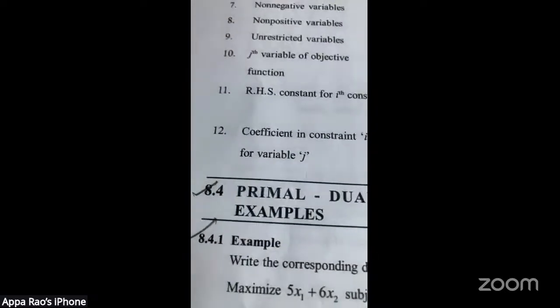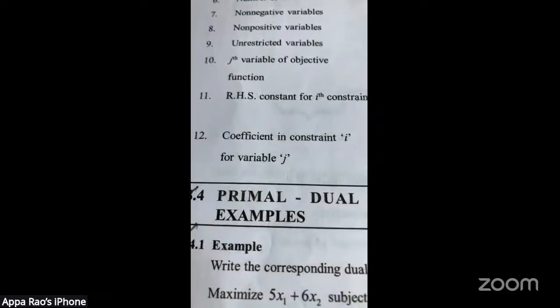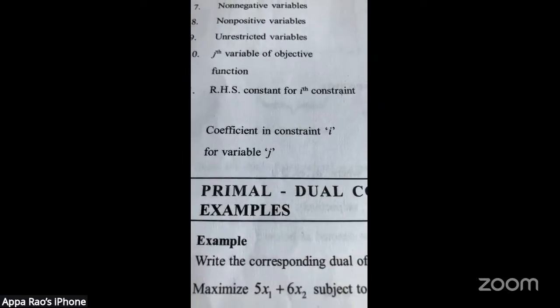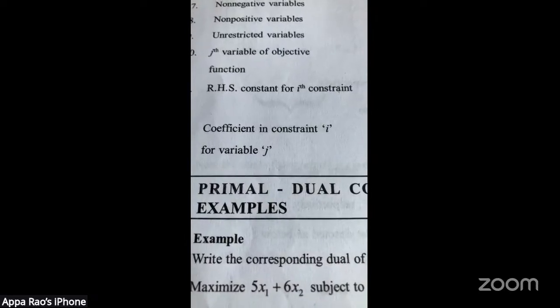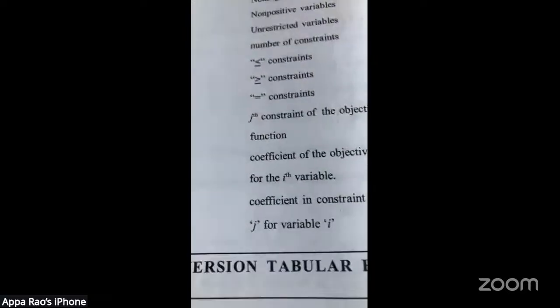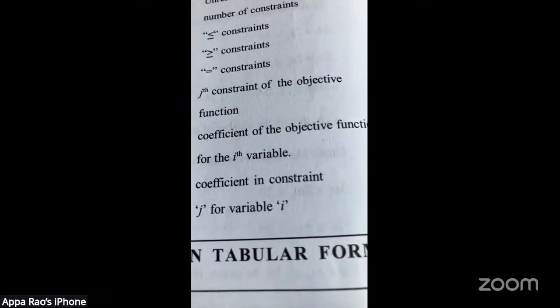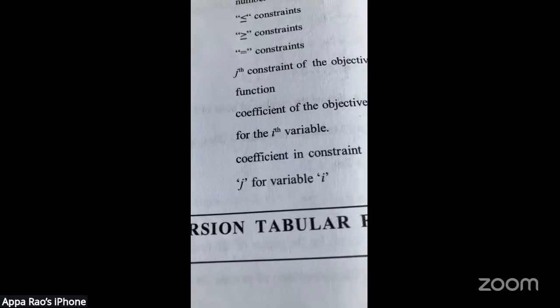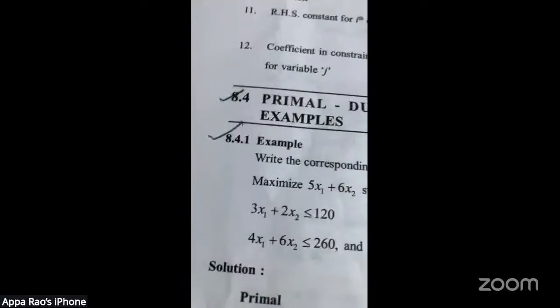The coefficient in constraint i for variable j corresponds to the coefficient in constraint j for variable i.